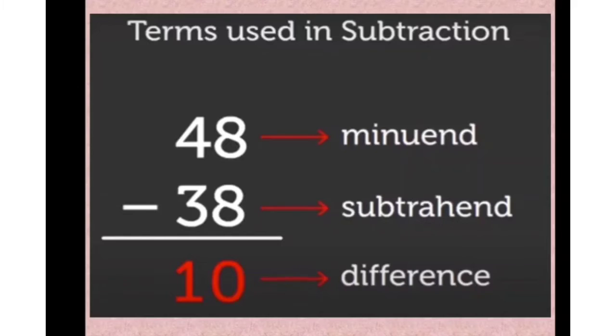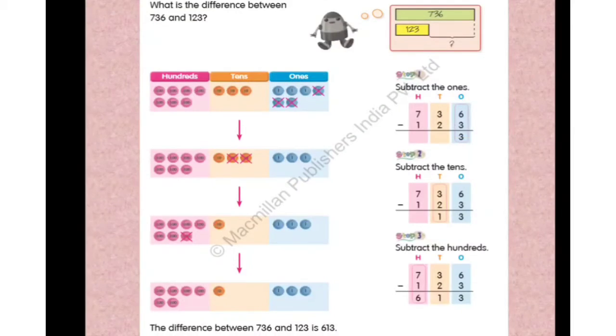Now we have one example. With the help of this example, you can learn how we subtract numbers without regrouping. What is the difference between 736 and 123? First of all, we separate the number into hundreds, tens and ones, writing it according to place value.